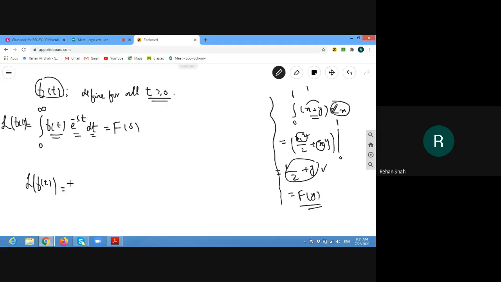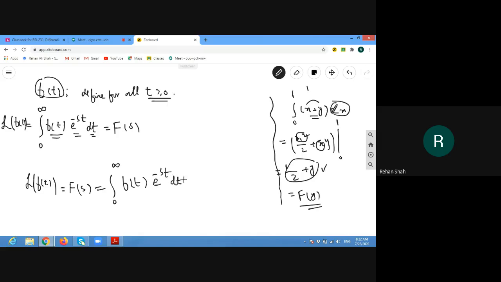This will give you a function of s, and when will you get the function of s? It will result if you integrate the product of f of t with e power minus st with respect to t. So this is the definition of the Laplace transform.